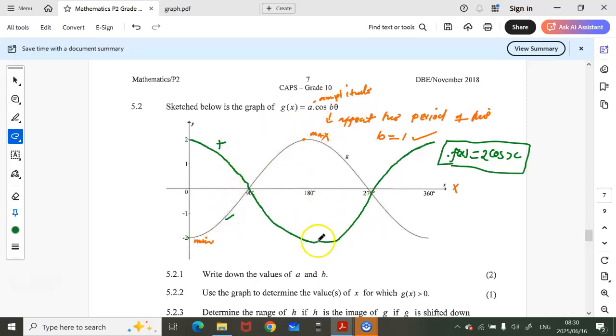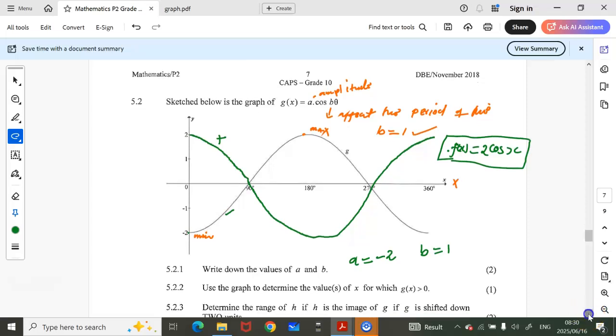So the value of a will be negative 2. They said write down, so the value of a is negative 2 and the value of b is 1. I hope that is clear.